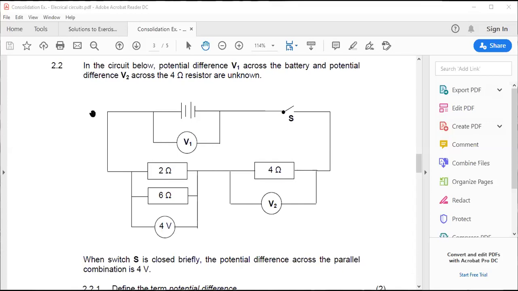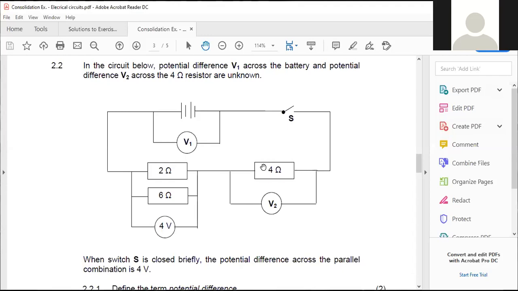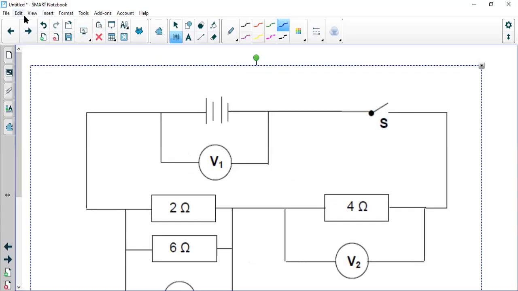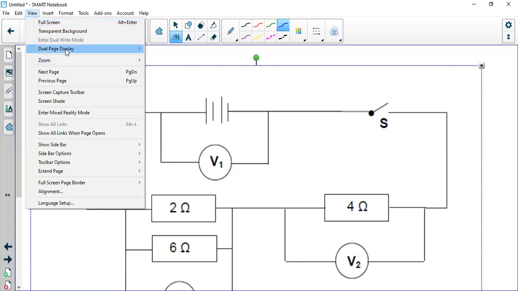I need to explain to you this one. Let me just open 2 pages here.